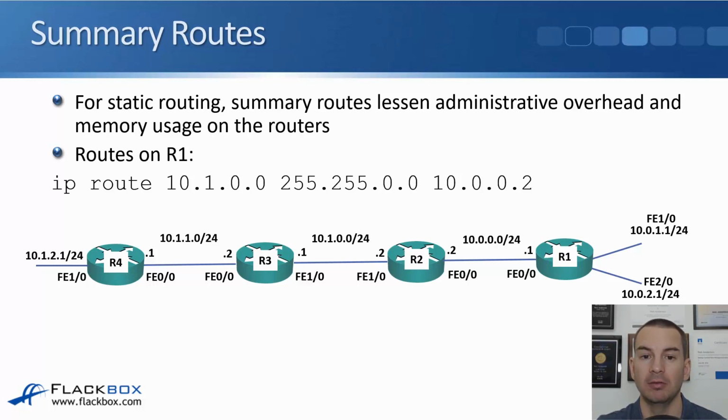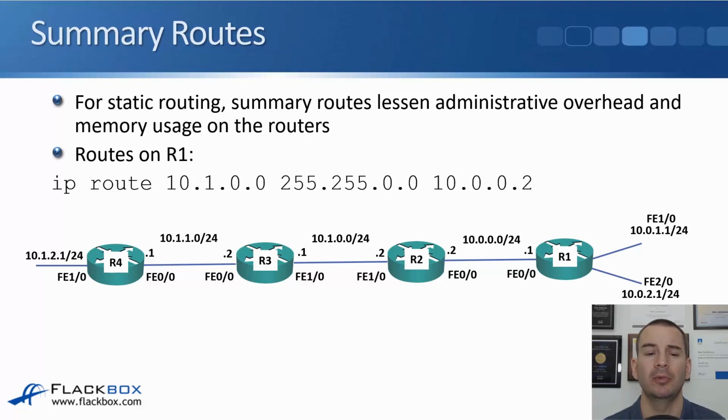For static routing, summary routes lessen the administrative overhead, because if you've got fewer routes to configure, that lessens the workload on you. It also lessens the memory usage on the routers. The fewer routes there are in the routing table, the less memory it's going to take up. And you see in the example here, we're going down from 3 routes to 1 route, which isn't much of a difference, but in large environments, it can make a big difference.